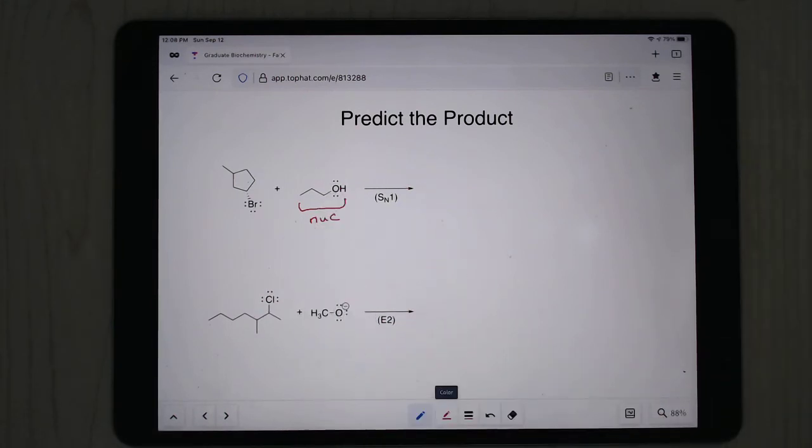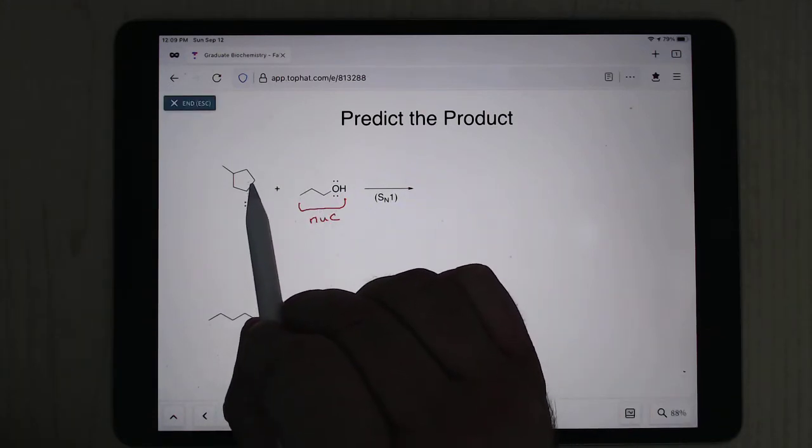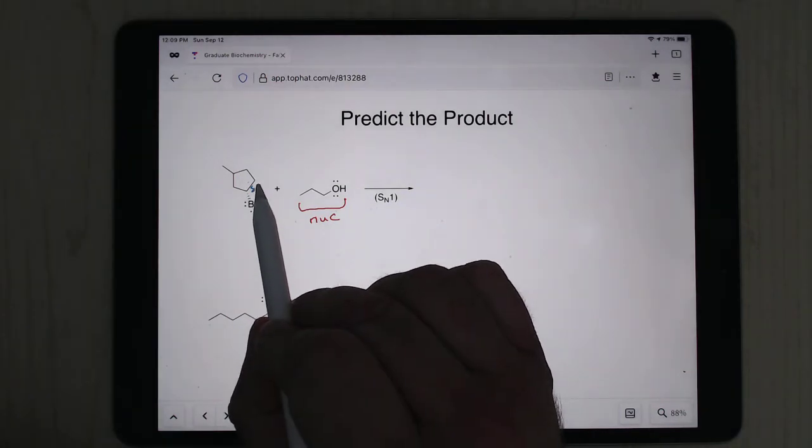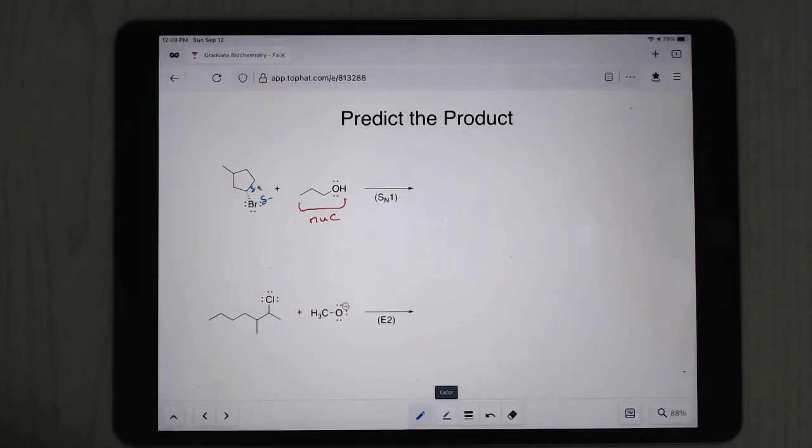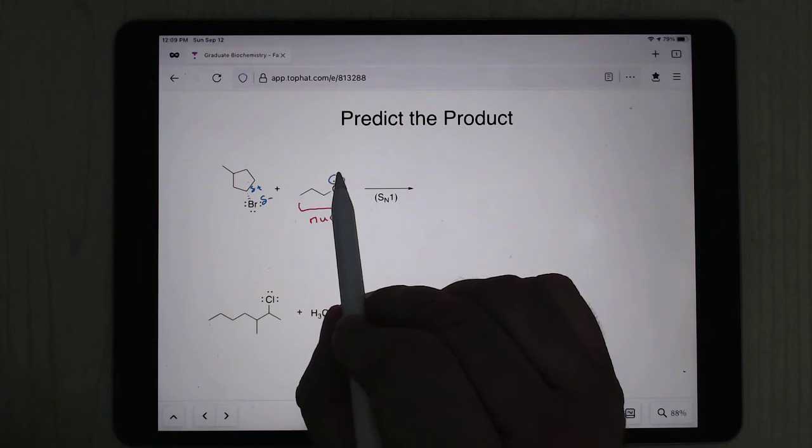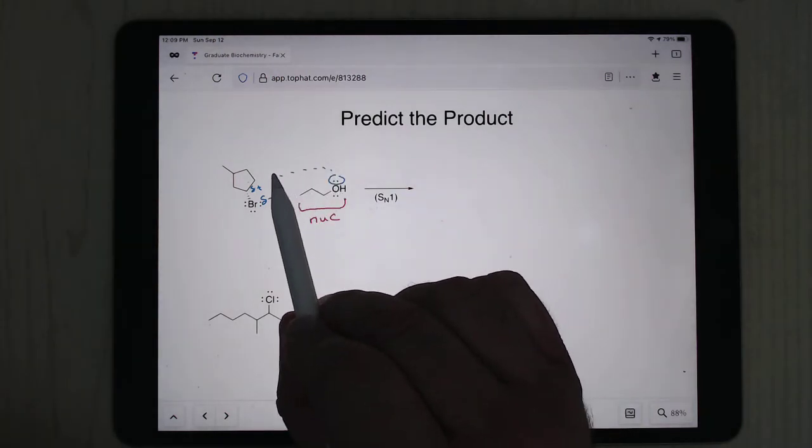OH minus is like water. Water isn't particularly acidic, and so that makes it a good nucleophile. So what we're looking for then is the polar covalent bond, and that's on the other one, and so that's here. So this is going to end up attacking there.